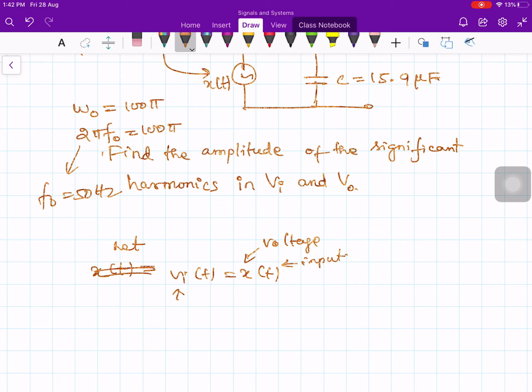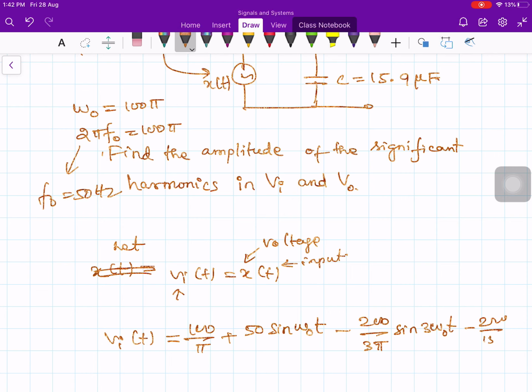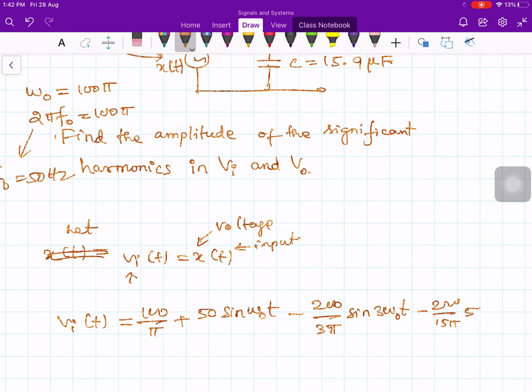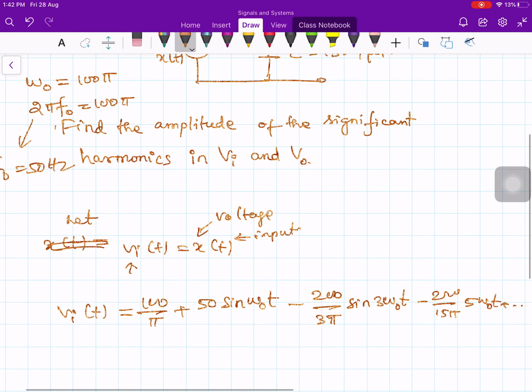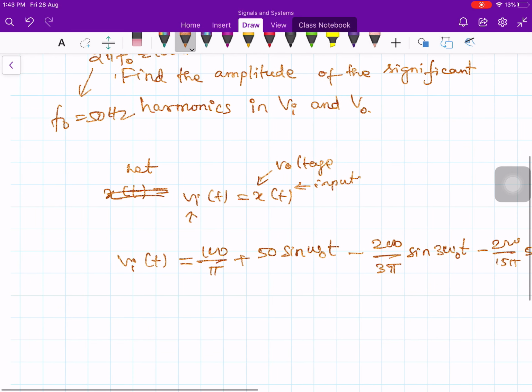Okay, therefore Vi of t is equal to 100 by pi plus 50 times sine omega naught t minus 200 by 3 pi times cosine of 2 omega naught t, right? Minus 200 by 15 pi times cosine of 4 omega naught t, and so on. The other terms we ignored here.